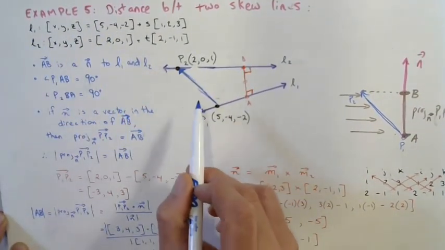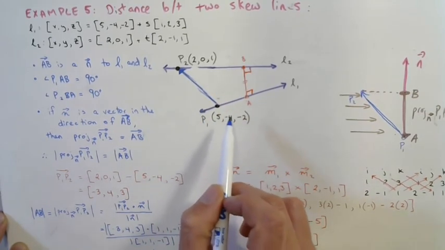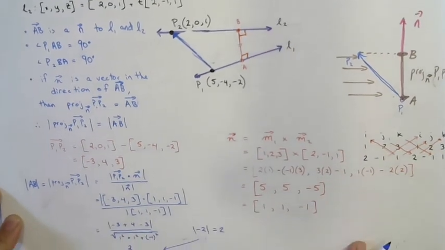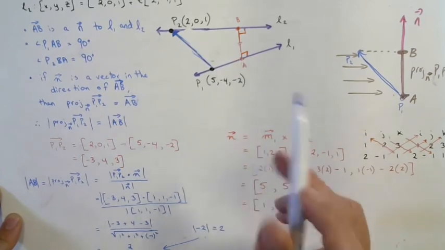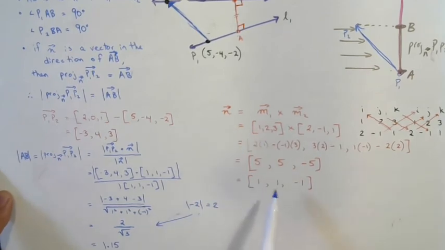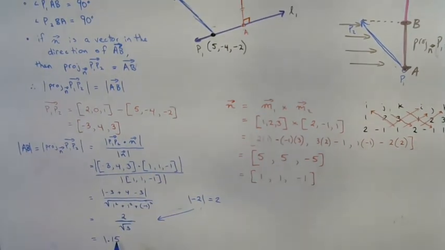The projection of that line onto the normal to both L1 and L2 has the same length and direction as AB. So we used all that knowledge, we got the normal vector, which is just the direction of AB, and then we used what we know about dot product and projections in order to determine the length of that line segment AB.